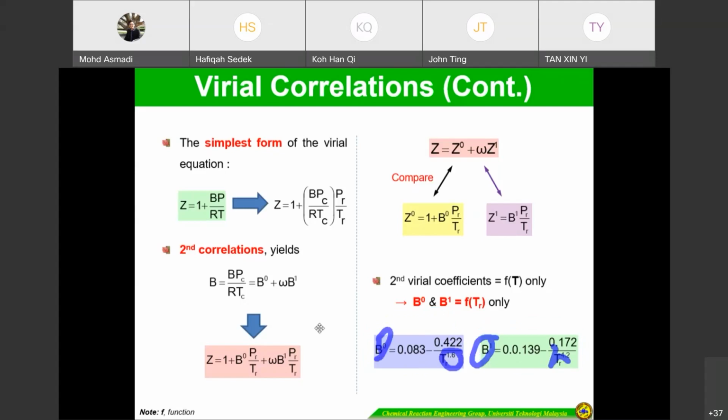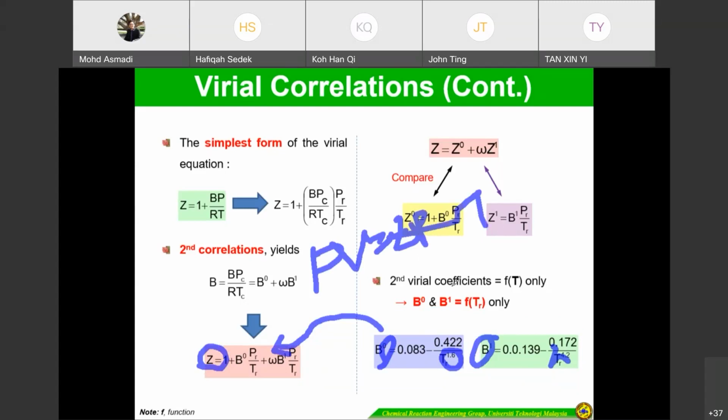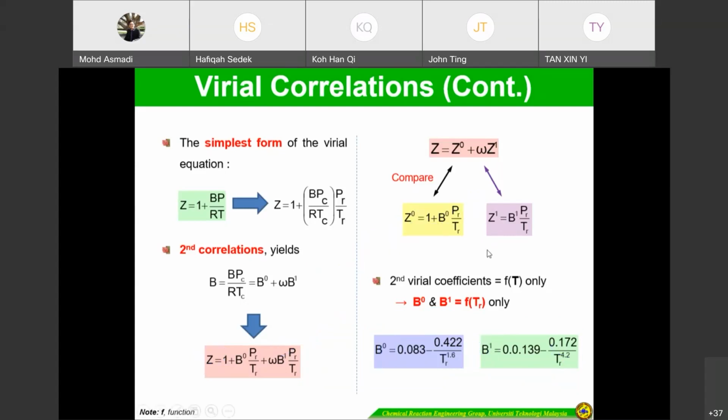Then you substitute B naught and B prime into the Z equation, so you can directly calculate the total Z, the compressibility factor. And then by using PV equal to ZRT you can calculate. So this is the easiest way if the condition is low to moderate pressure.